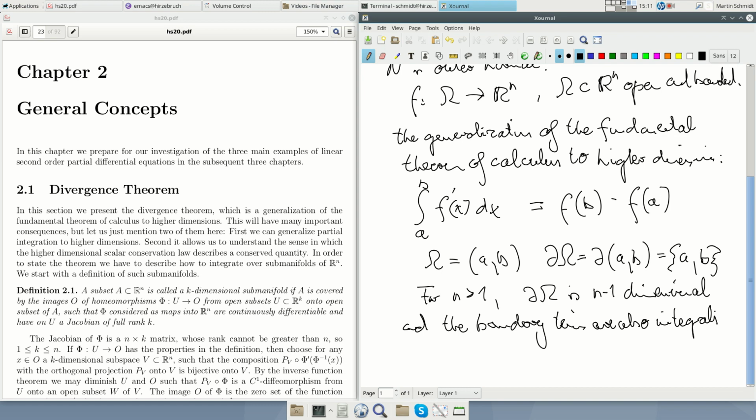For n equals 1, the boundary is 0-dimensional, just points, and then we don't need an integral, we just evaluate.